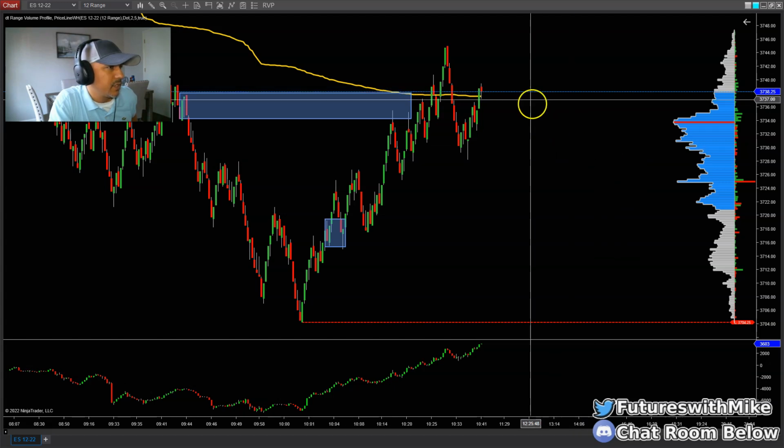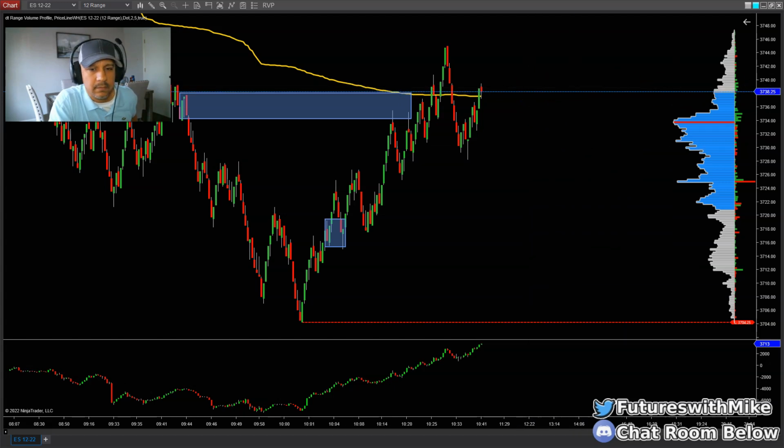Looks like price may be trying to push higher. Pullback, maybe get some rejection. Price, let's see what happens here. Let's see.